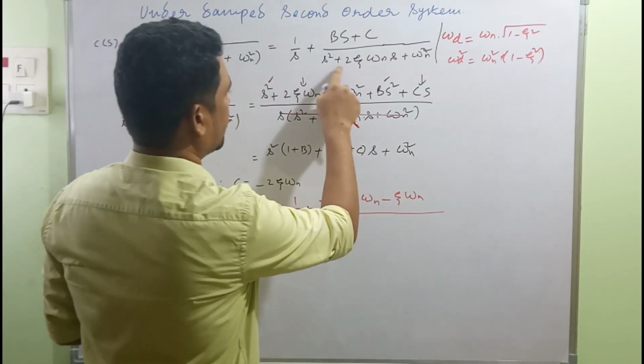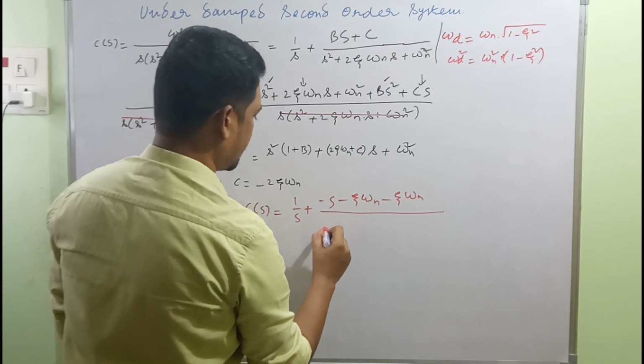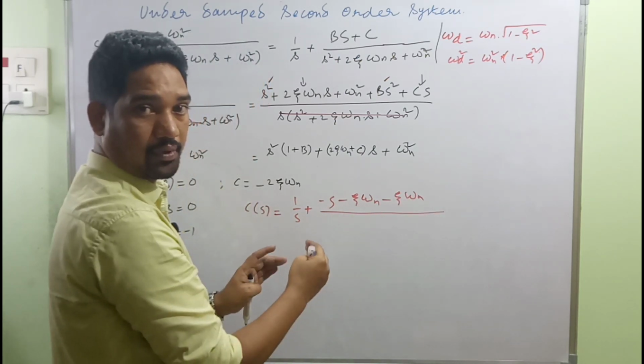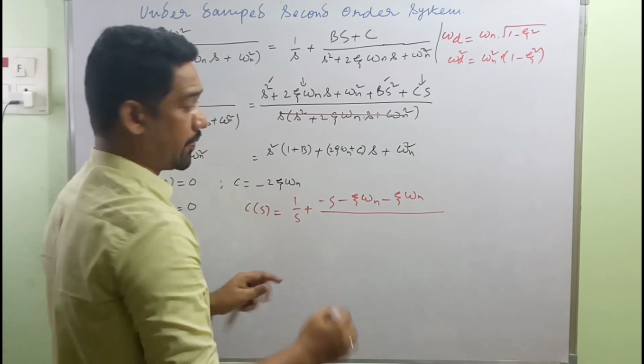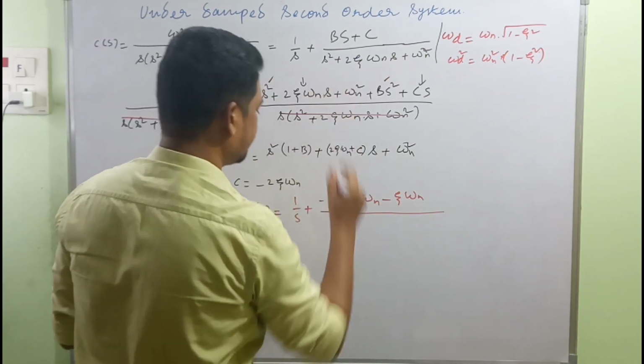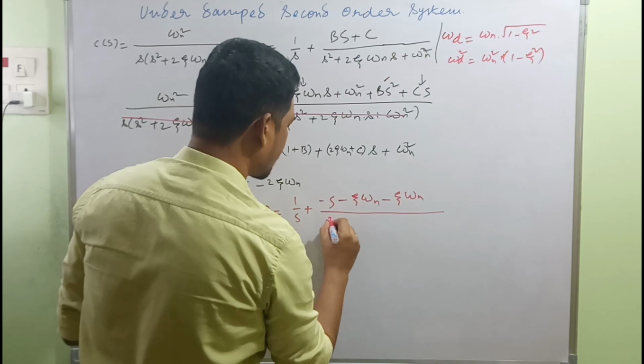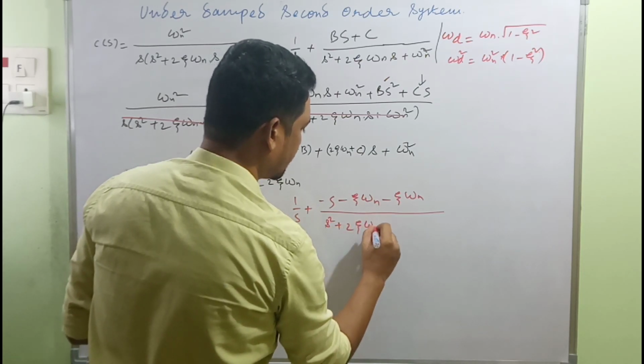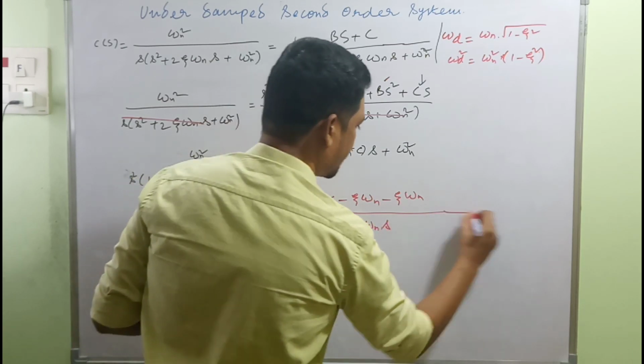There is a small change over here also. For some simplification, we need to bring it to a compact form, a valid Laplace transform pair. So this one, it will be s square plus 2 zeta omega n into s. Guys, can we do this?